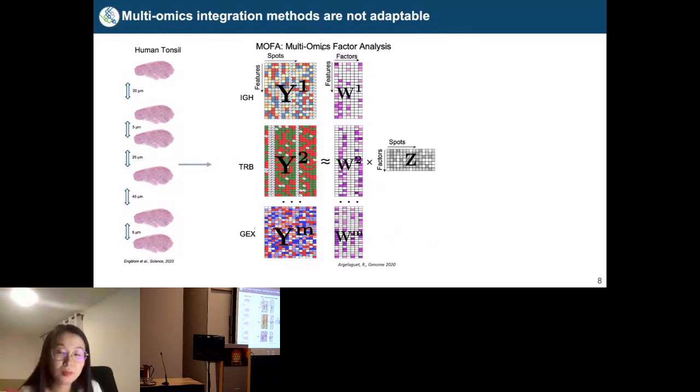We input 3 count matrices, IGH, TRB, and the gene expression into MOFA, and hope to infer an interpretable low-dimensional representation in terms of a few latent factors. That would help us find some significant associations between features.